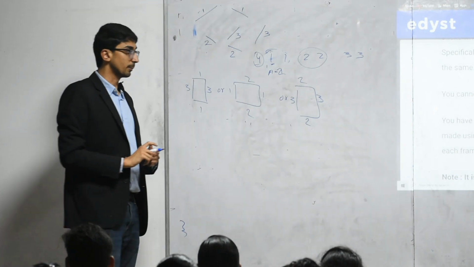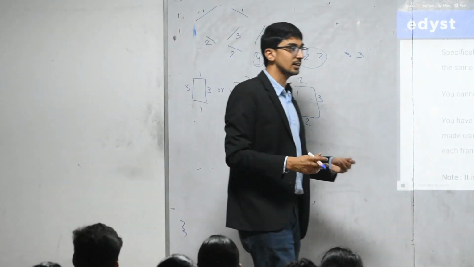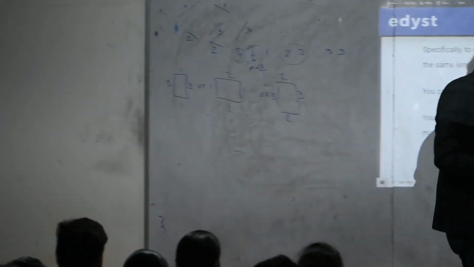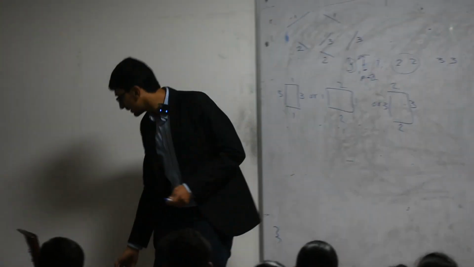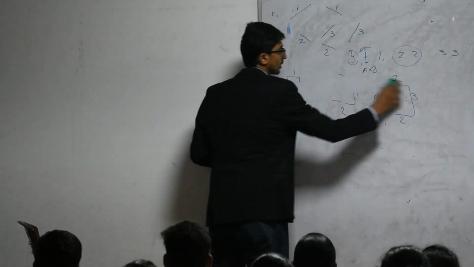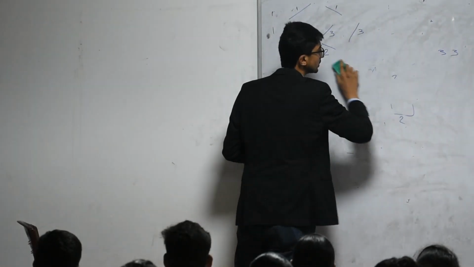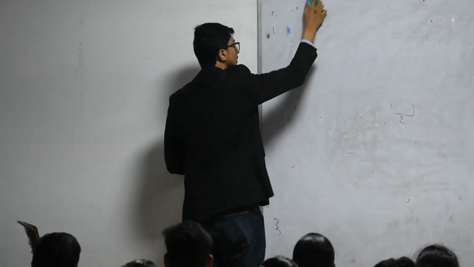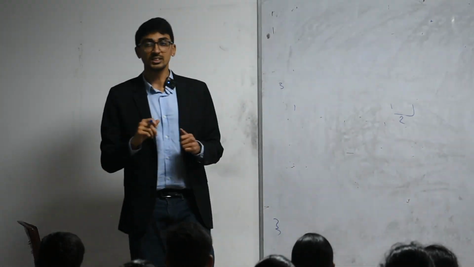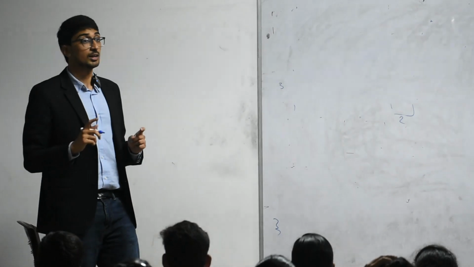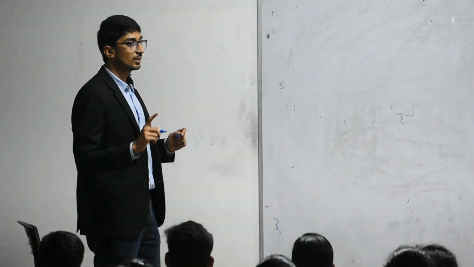Right? Okay. Now, does it matter what is the size of the frame? Did we say it matters? No. So, let's say I tell you there is 1 pair only. If there is 1 pair, how many sticks are there? 2 sticks are there.